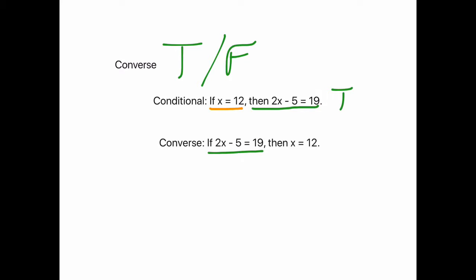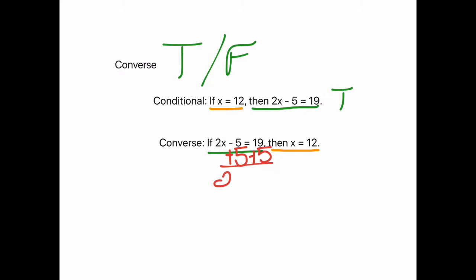Notice how the if and the then stay where they are, but the other information switches places, and that is called the converse. And you have to determine whether or not the converse is true or false. So if 2x minus 5 equals 19, does x equal 12? To find out, we would add 5 to both sides of this equation and then divide by 2.